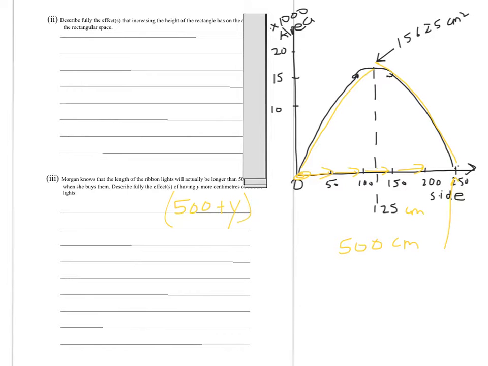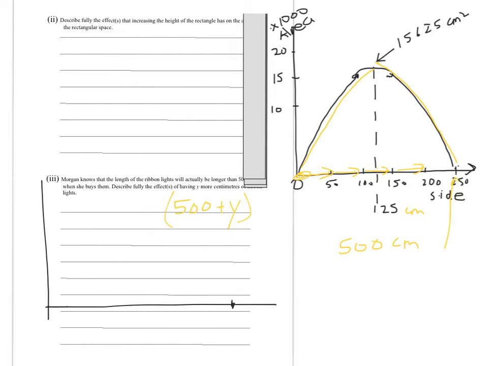And the point where the maximum area was half of that again. So if Morgan is using 500 plus y, then my graph is going to be like this.